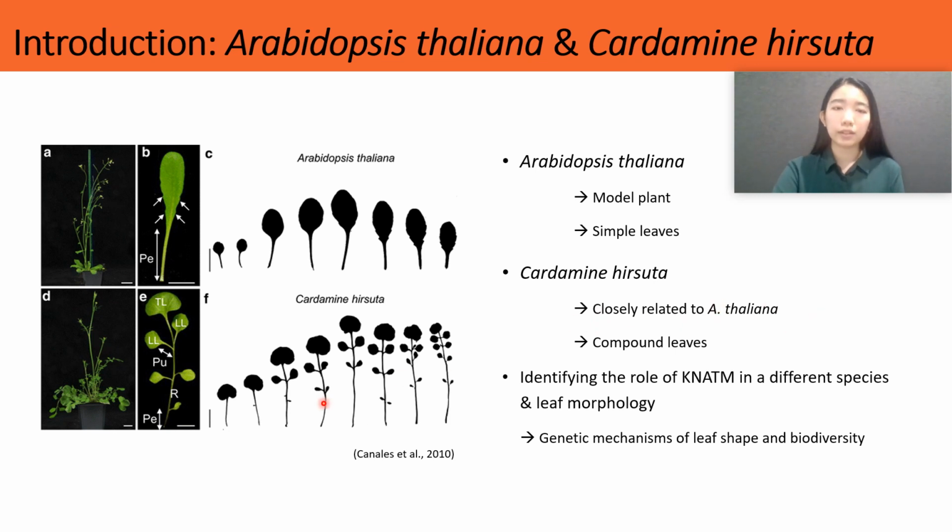However, it has a compound leaf with distinct leaflets. This difference in morphology between Arabidopsis and Cardamine offers the opportunity to study the role of NetM in different species and different leaf morphologies, and can increase our knowledge of the genetic mechanisms of leaf shape and biodiversity.